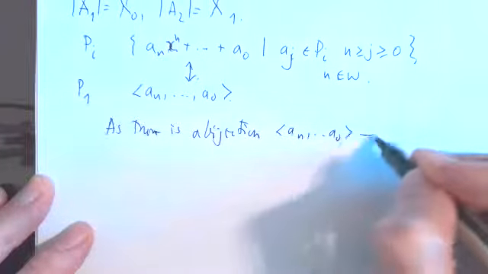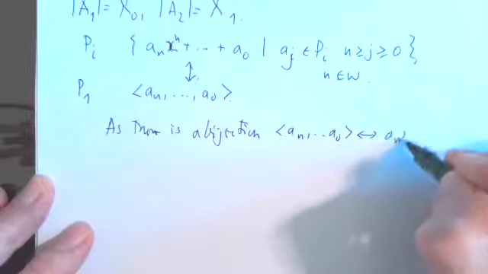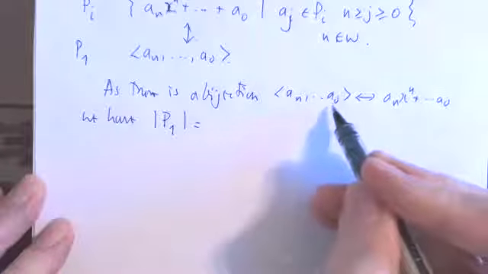As there is a bijection, the one illustrated, we're going to have that the cardinality of P1 is the cardinality of the collection of these tuples.